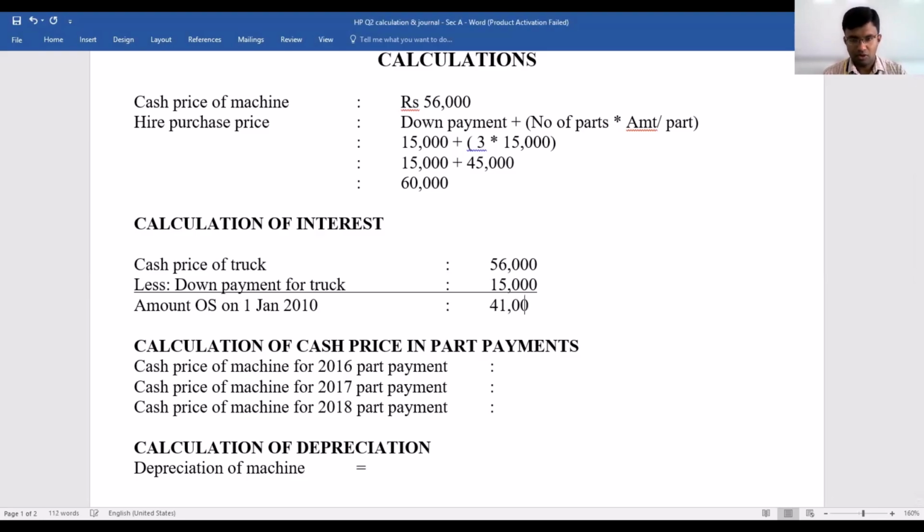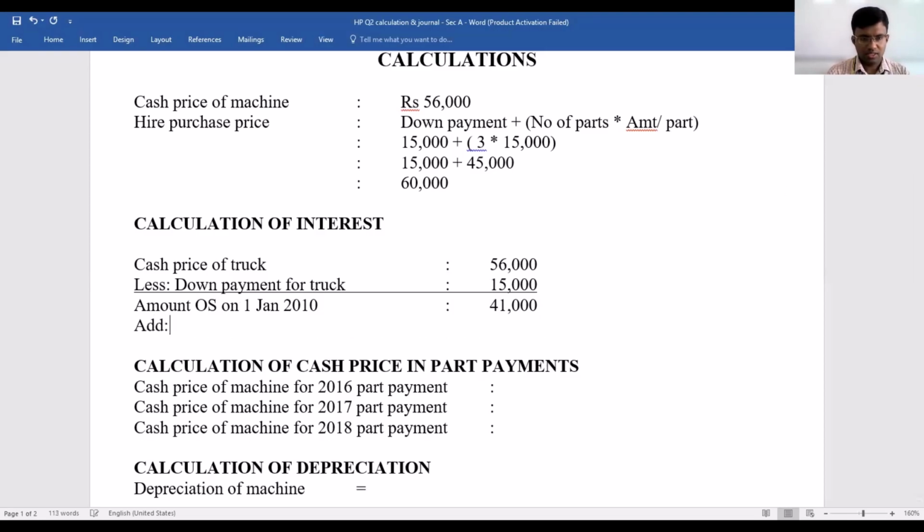Now to this, we have to add interest for the first year, which is 2010. So which is going to be 5% of this amount. This will work out to be 2050.